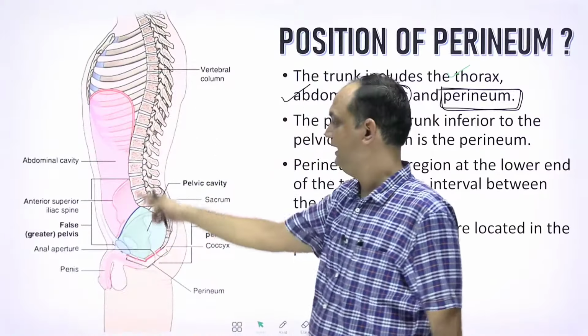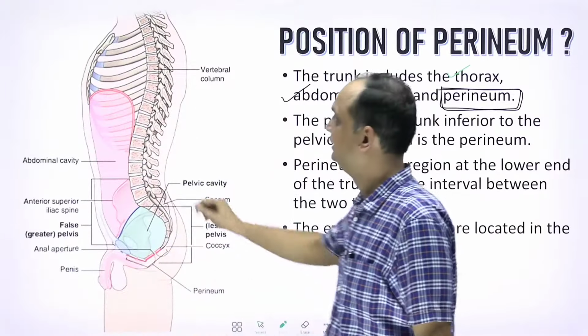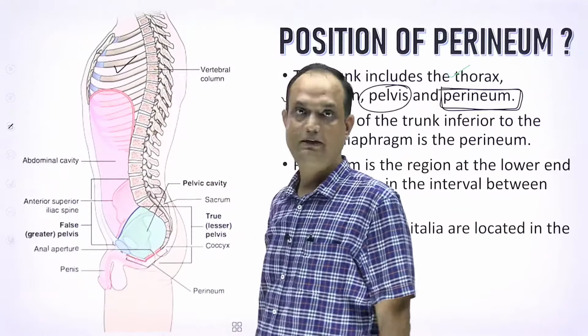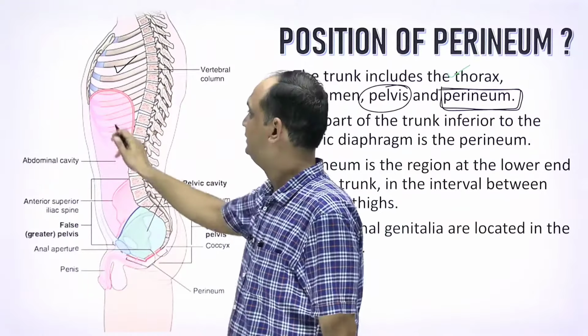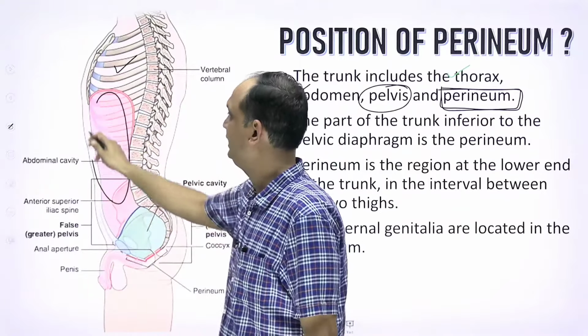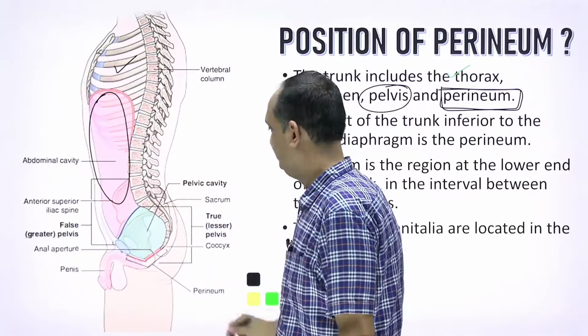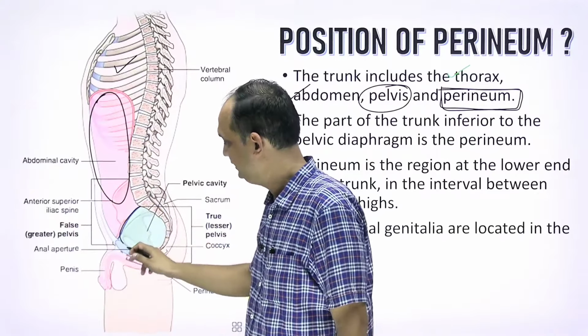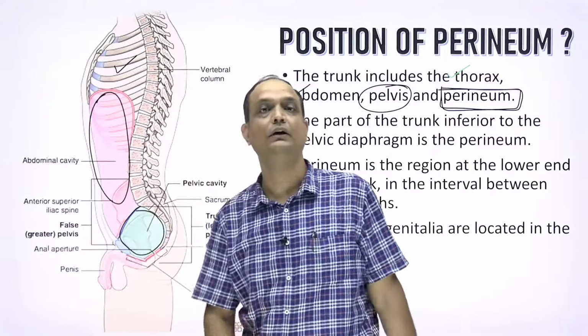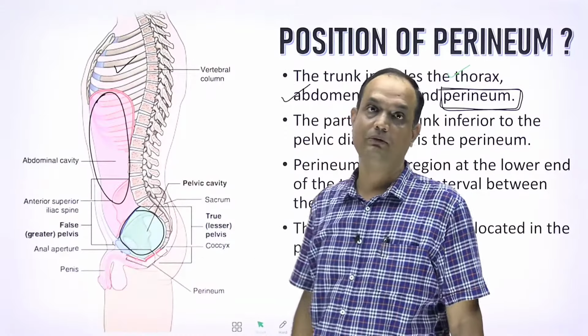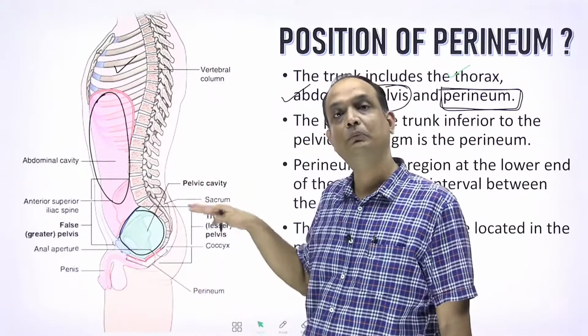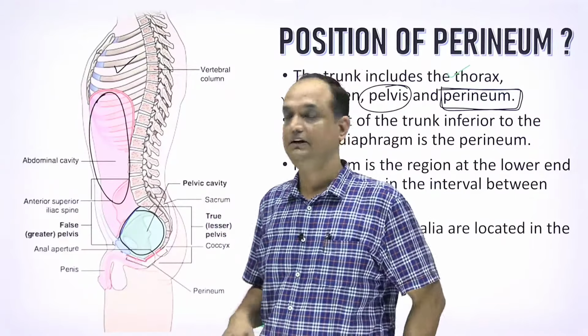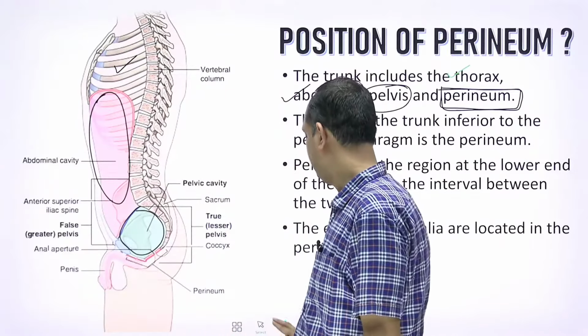If you see the sequence of the structures here, this is your chest cavity. Below the chest cavity is your abdominal cavity, and below the abdominal cavity you will have the pelvic inlet, which is in continuity with your abdominal or peritoneal cavity. But when you go below the pelvic cavity, this is your pelvic outlet.